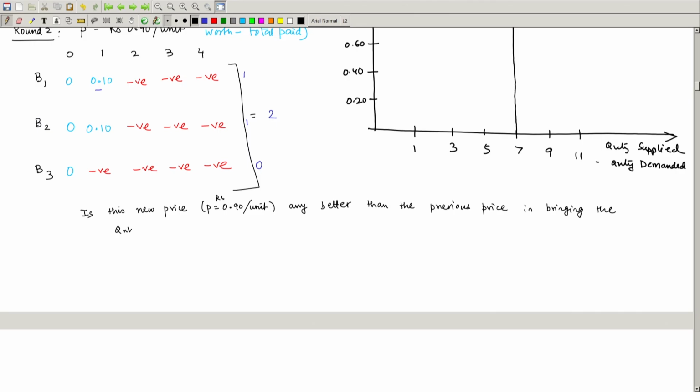Is this any better in bringing the quantity demanded and quantity supplied closer?